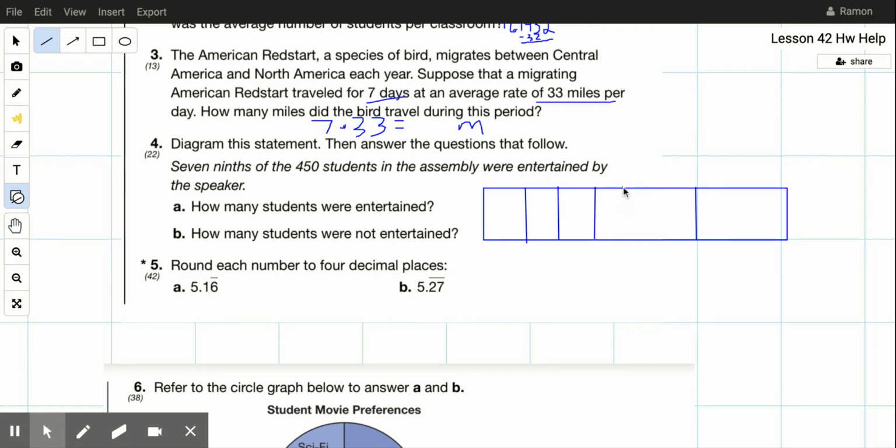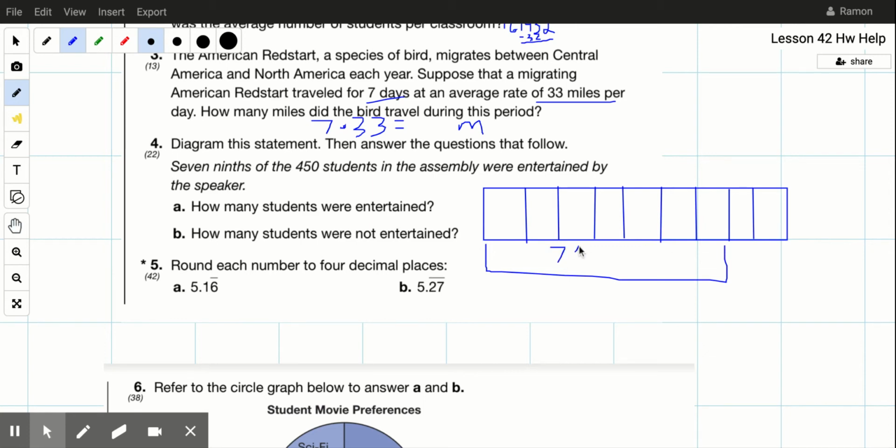So that gives us 3. That gives us 6. And I know these are not perfect rectangular boxes. That gives us 9, right? So that's 3, 6, 9. And 7/9 were entertained by the speaker. So that gives us this many boxes.